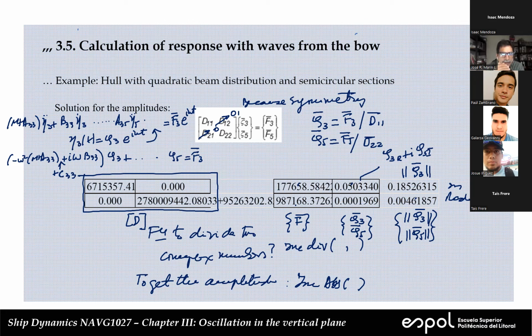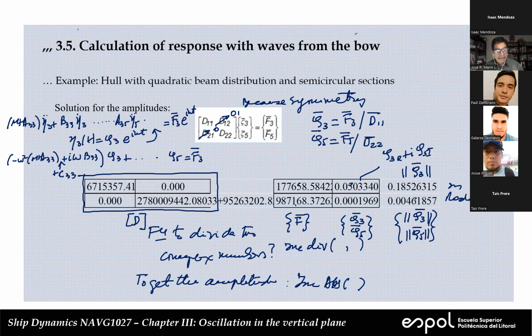For example, in the case of the added mass, it's a good idea to calculate the added mass and divide it by the dry mass. And more or less, since the ship is like this, you would expect a decent added mass, maybe a little bit below the dry mass. Similarly for the other coefficients.